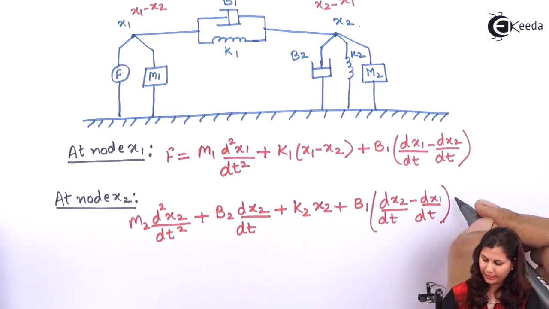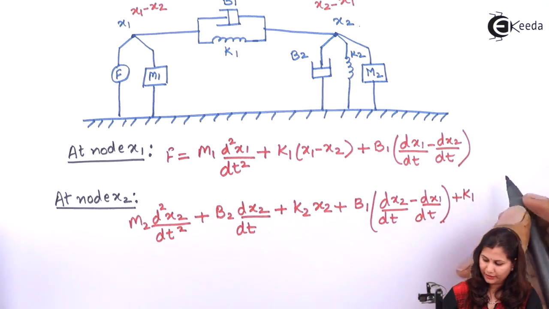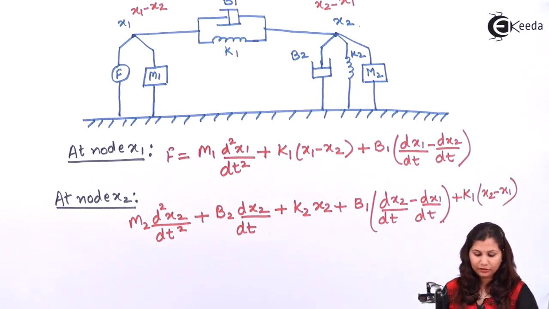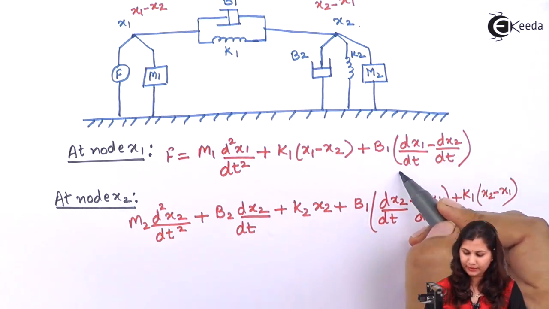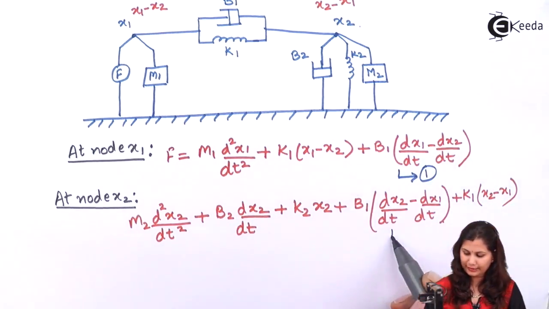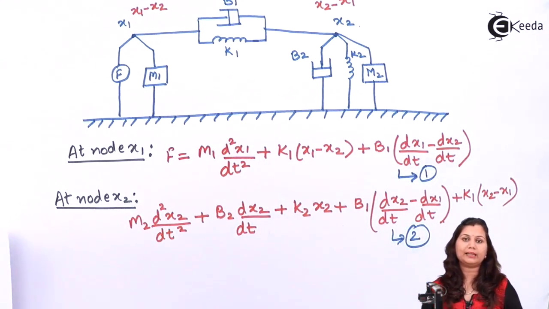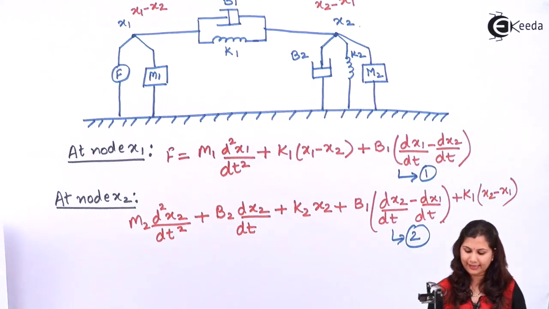Then we have K1 times x2 minus x1. These are the two equations, the first and the second, and they represent the mathematical model of the system.